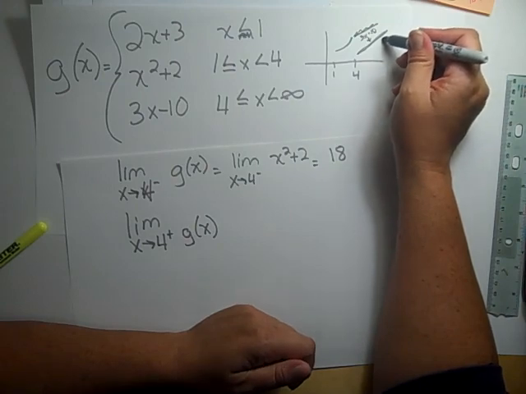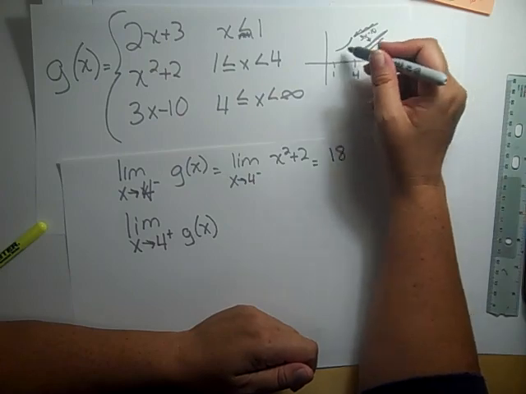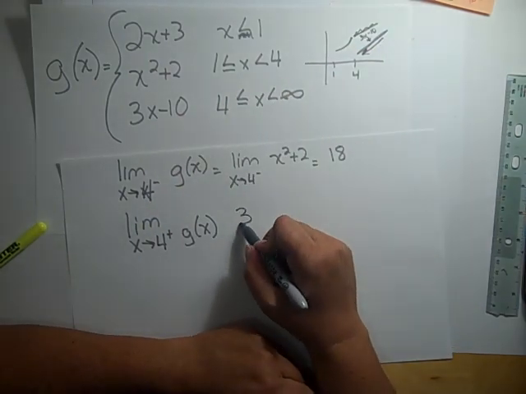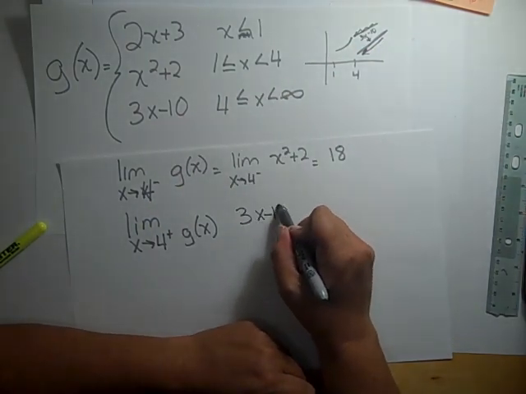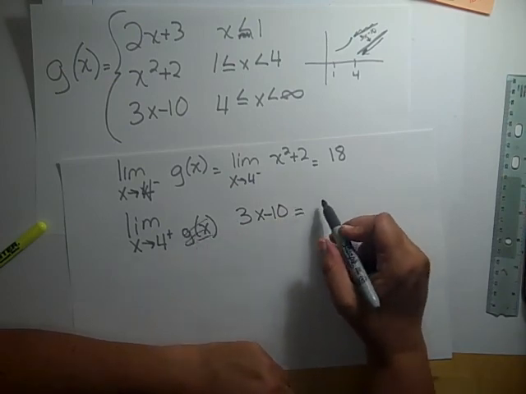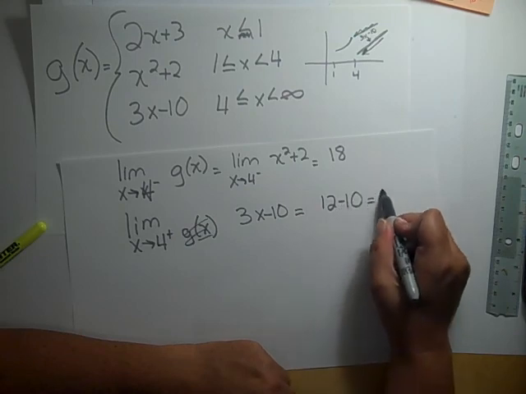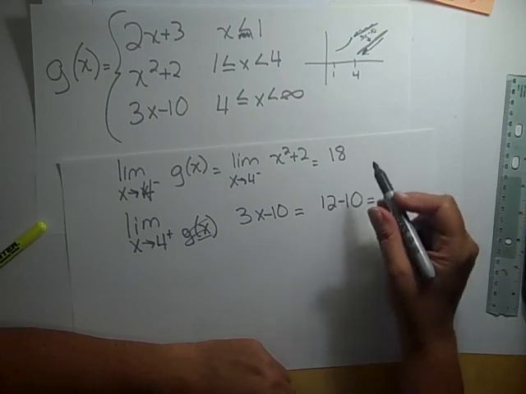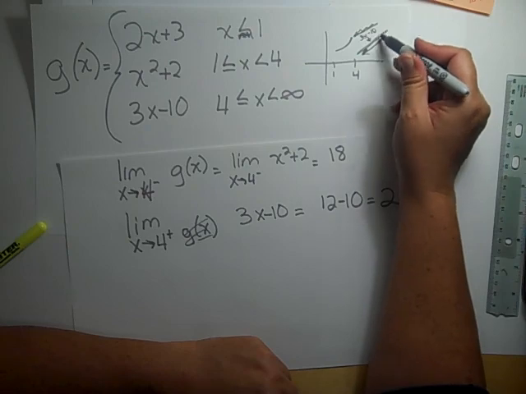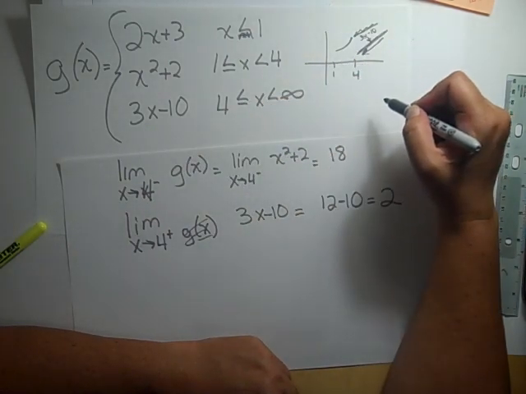And so as we're coming from the right, what are we getting to? We're using 3x minus 10. So that equals 12 minus 10 equals 2. Right? Because as we look at 4 from the right side, it's defined by 3x minus 10.